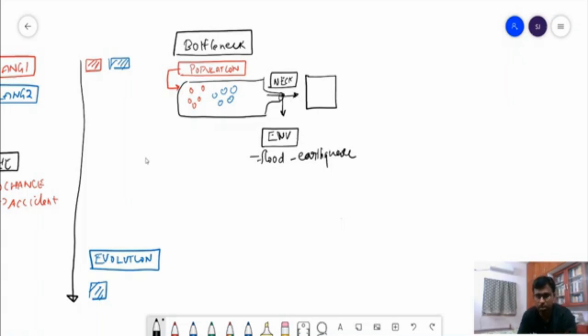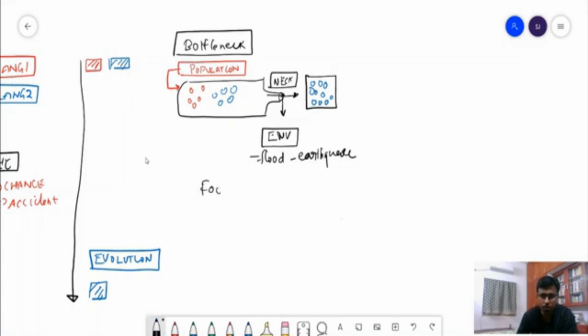As in genetic drift we saw, only the rest of the population having the blue color will actually appear out of it. So the change in gene frequency from an equal probability to complete dominance of a blue allele is called evolution by genetic drift, and it is the bottleneck effect.